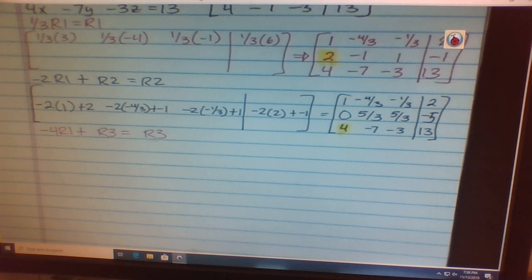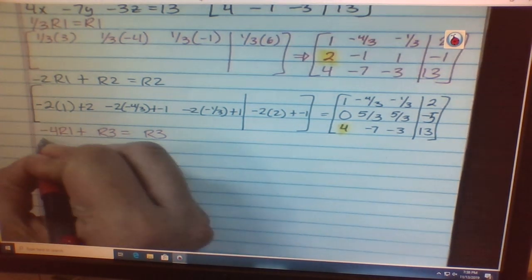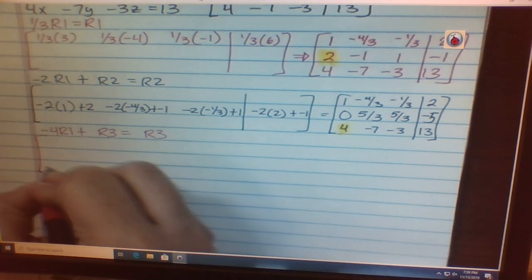Is this what you got? Because we're making a 0. We're making the 4 into a 0. And we're changing row 3. So we add it. And we're almost done.